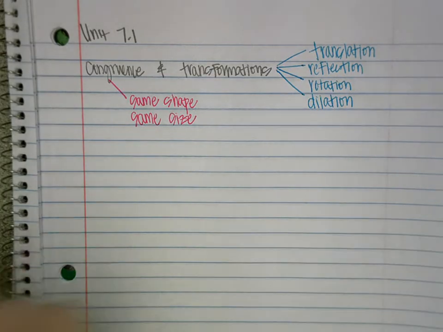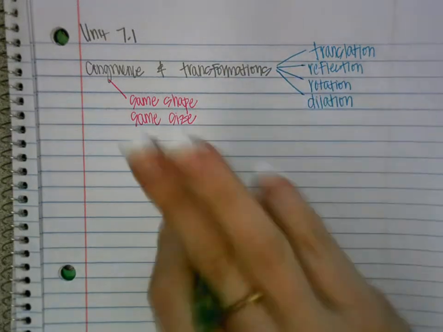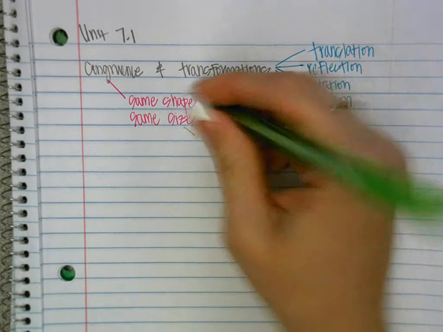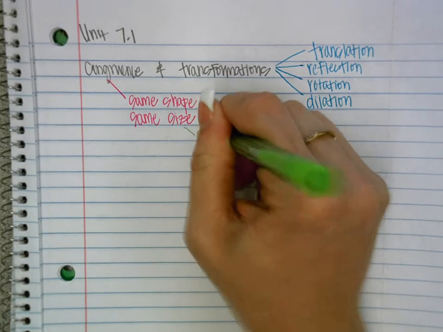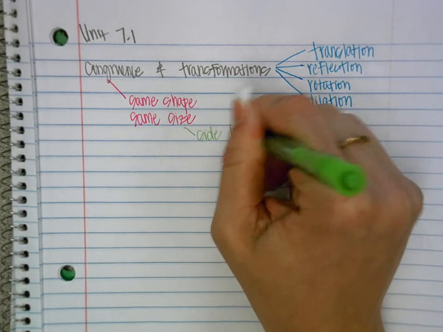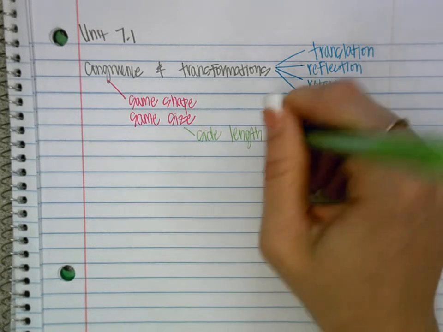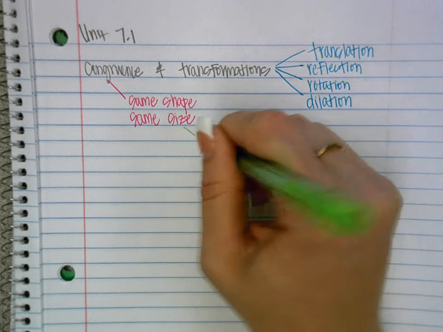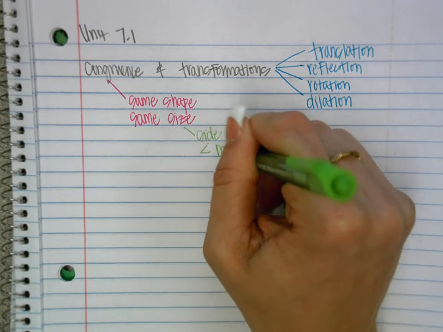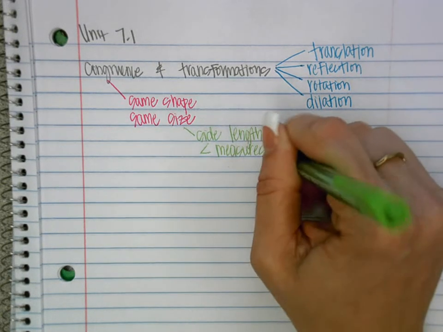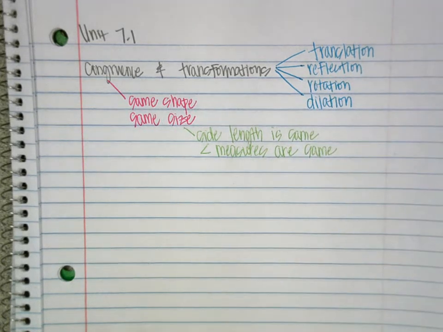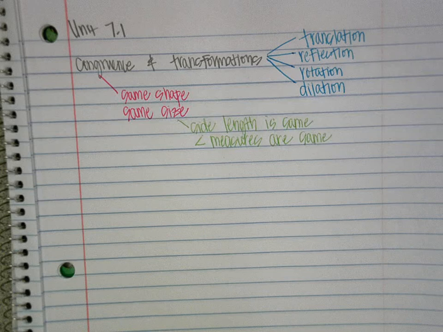And when we say same size, that could mean the side lengths are the same, or the angle measures are the same. That's what we mean by same size.